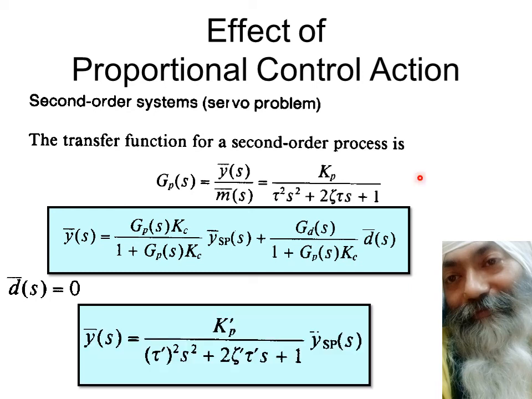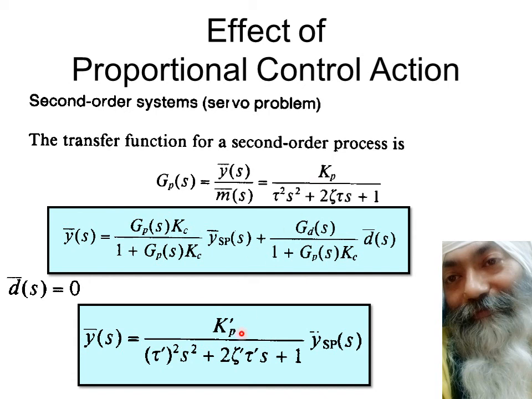what you see is that when you put it over here, this equation gets modified on account of the presence of Gc, the presence of Kc, and on account of the fact that now you have this term with 1 plus, because it's a feedback loop. That's why you have 1 plus Gp into Kc over here, and the resulting term will be something like this, which is quite similar to this.